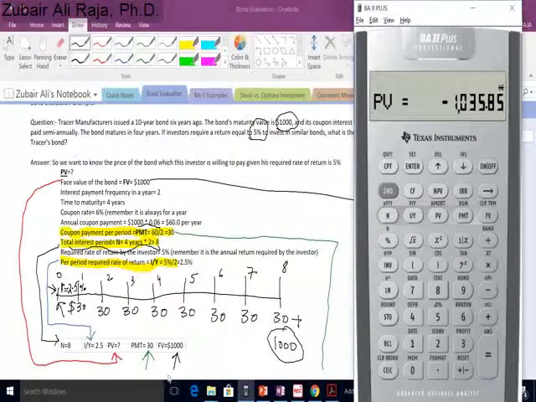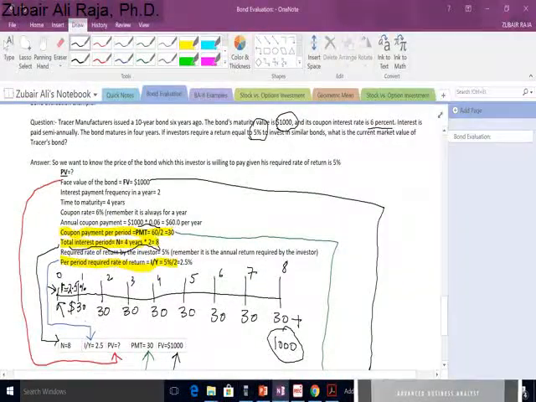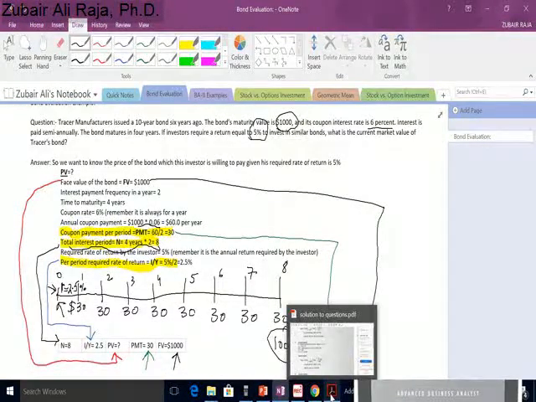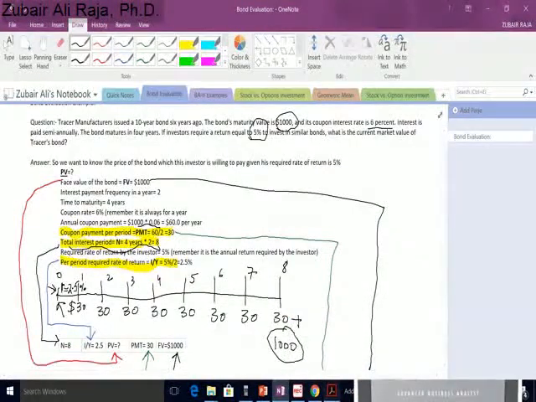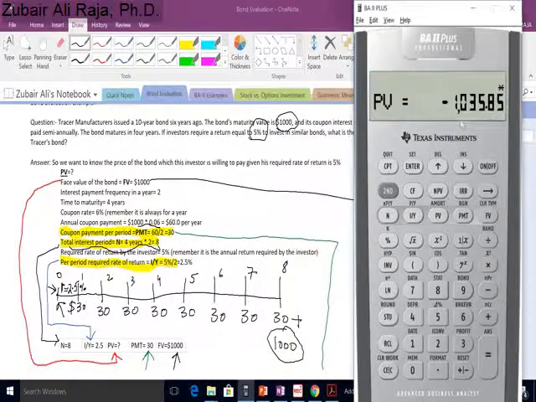So again, if the interest rate in the economy, or the required rate of return of the new investor, is below the coupon interest rate, then the price of the bond will be more than the face value. For example, in this case, as we have already seen, it is $1,035 rather than $1,000. So this is more than the face value.